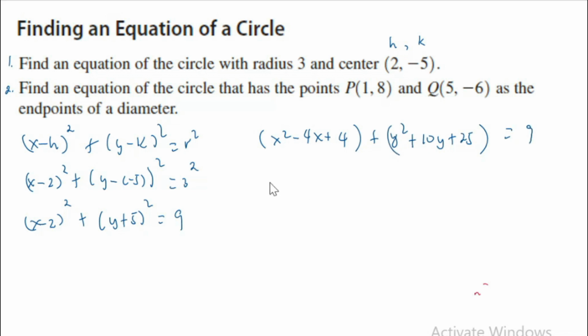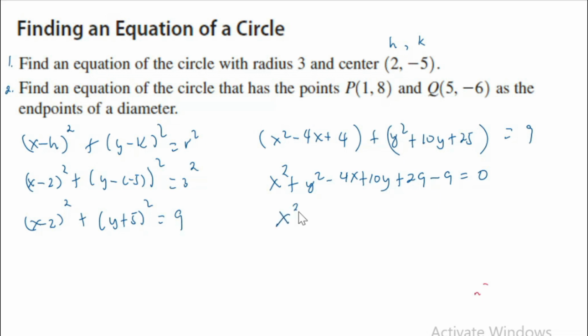So, rewriting this again, this can be written as x squared plus y squared minus 4x plus 10y plus 4 plus 25 is 29, and transposing 9 to the left-hand side, we have minus 9 is equal to 0.